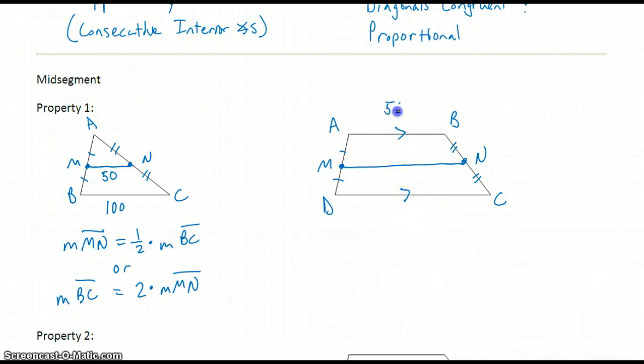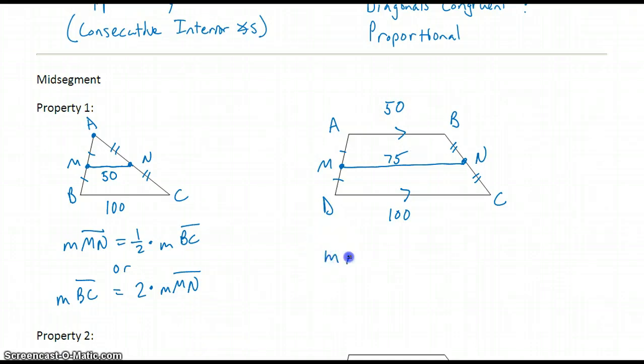And if AB is 50 and DC is 100, to figure out MN, we need to find the average of 50 and 100. Similar to the triangle where we found the average of this side, well, side A is really just a point which has a width of 0, and BC, which has a width of 100, the average of 0 and 100 is 50. The average of 50 and 100 is 75.